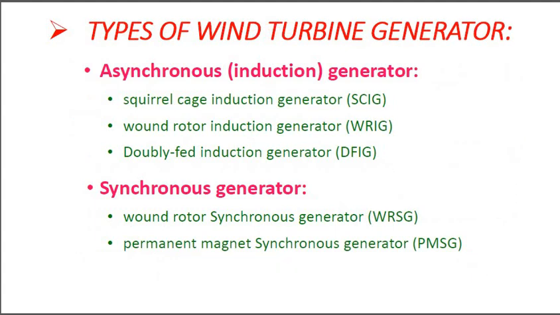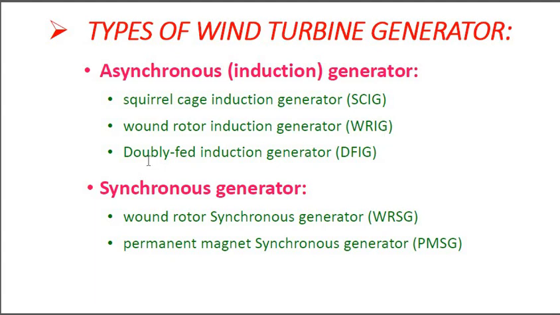Now, types of wind turbine generators. They are mainly divided into asynchronous or induction type generators, and synchronous generators. In asynchronous or induction generators, there are three main types. First one is squirrel cage induction generator, short form SCIG. Second one is wound rotor induction generator, short form WRIG.